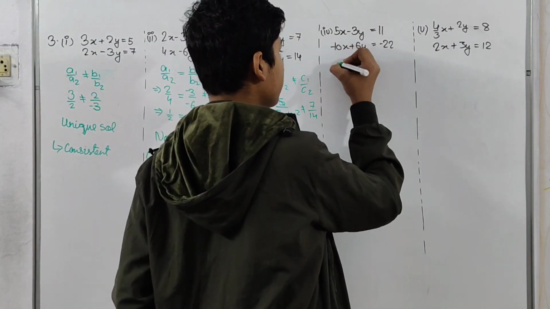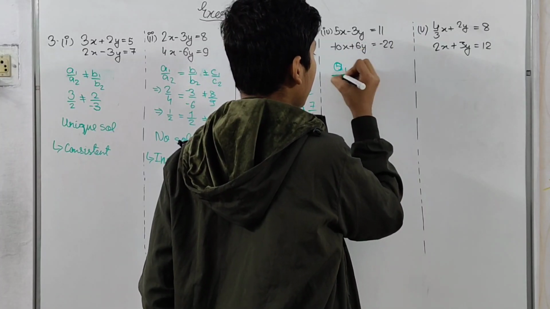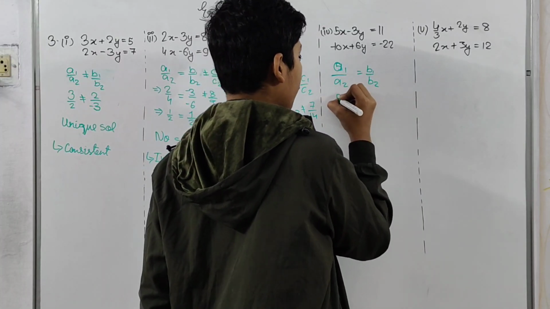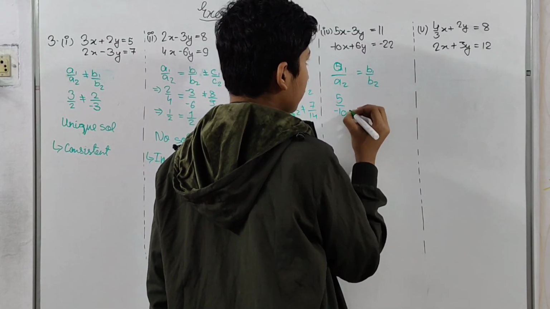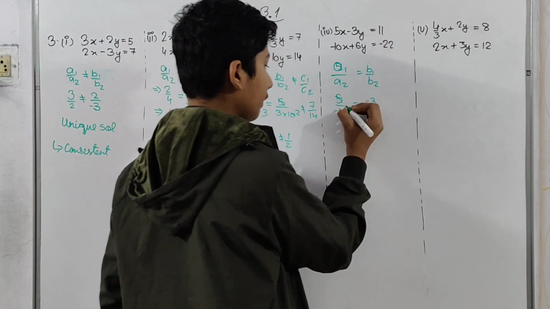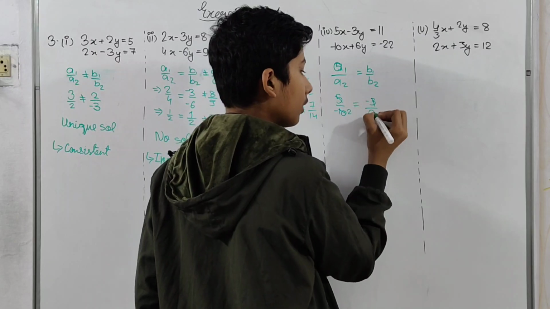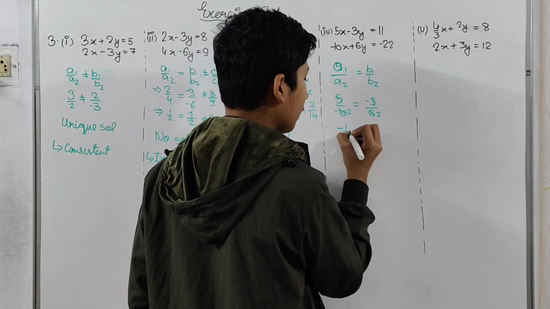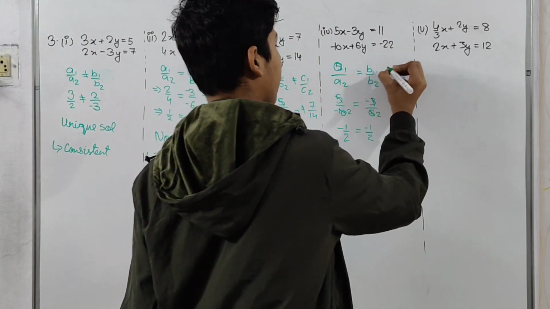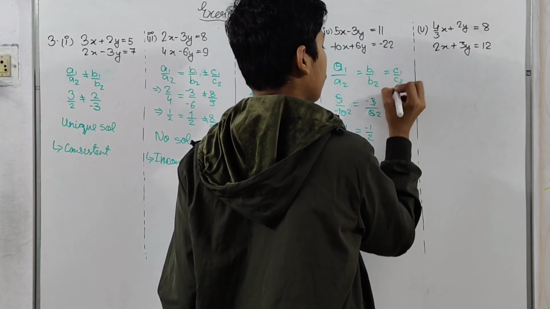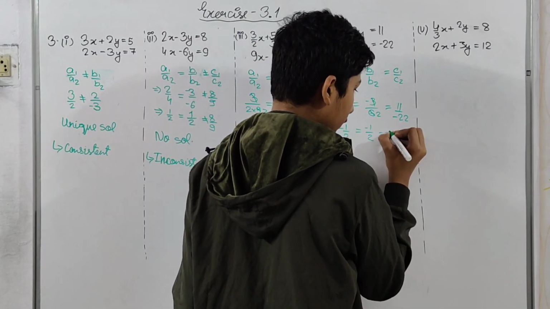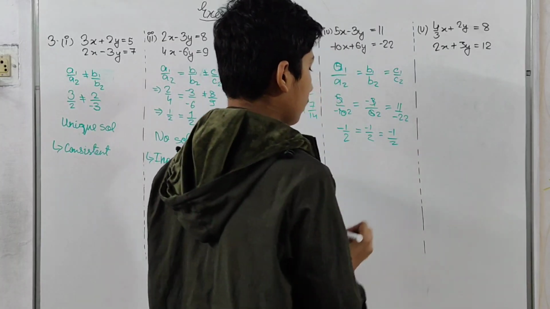Now this one, A1 upon A2 equal to B1 upon B2. Now 5 upon minus 10 equal to minus 3 upon 6. When we solve this, we get minus 1 upon 2 equal to minus 1 upon 2. This is equal. So we will bring up the third one, C1 upon C2, 11 upon minus 22, which will be minus 1 by 2.